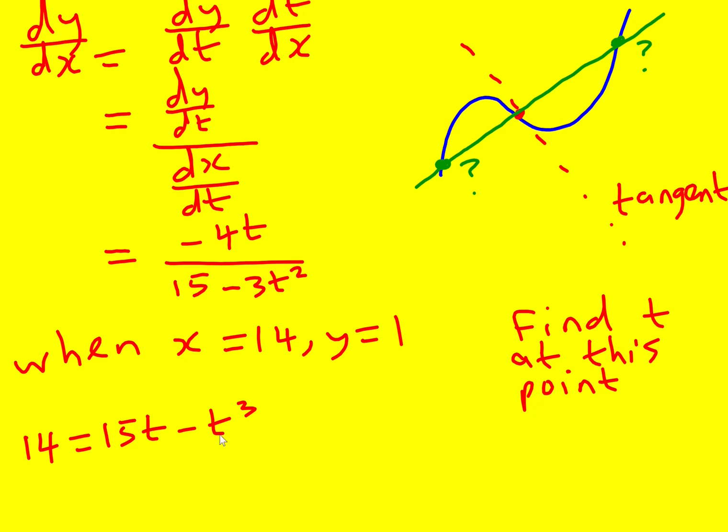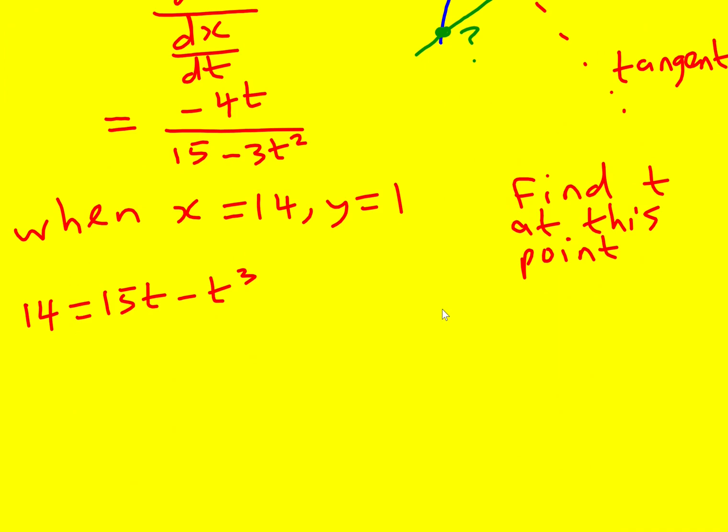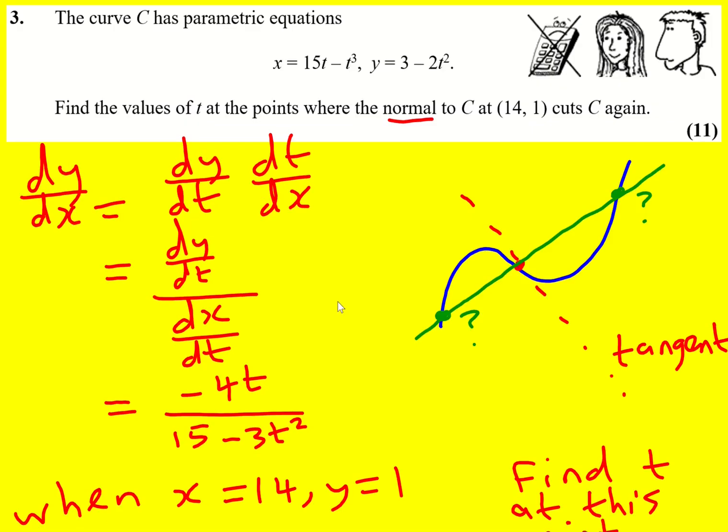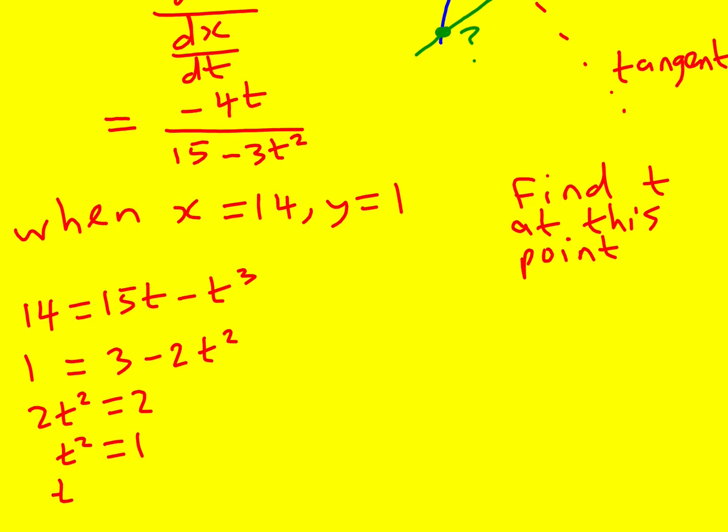We could try and solve that for t, but it's a bit awkward because it's a cubic. So let's go for the other one. 1 is equal to 3 minus 2t squared. Sorry, got the wrong way around. Okay, so I can manipulate this, so it's going to be 2t squared is equal to 2. t squared is equal to 1. t equals plus or minus 1.